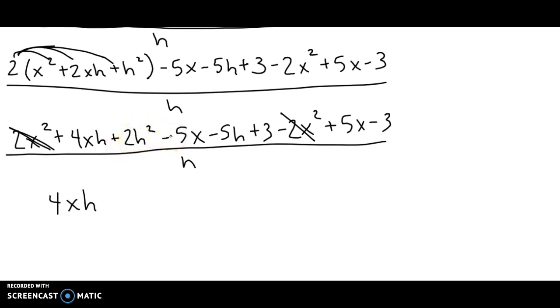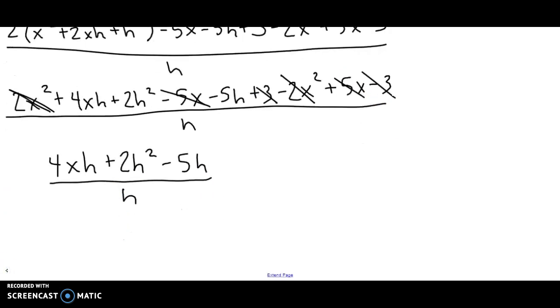I don't have anything that deals with h squared, so I'm going to write that down. Then I look at negative 5x. I also have a positive 5x, so those cancel. I look at negative 5h, so I'm left with just 5h. And then I look at the positive 3, and it has negative 3 here, so those cancel as well. And then I'm just left with it over h.